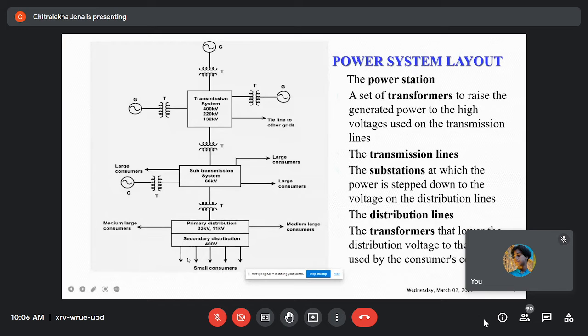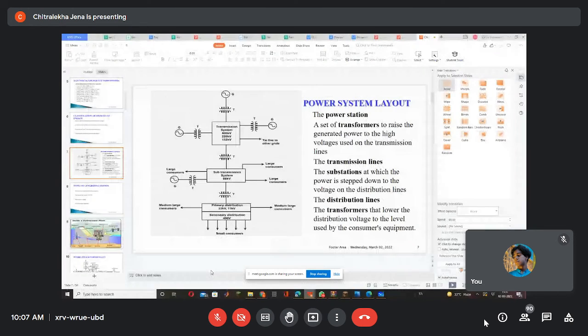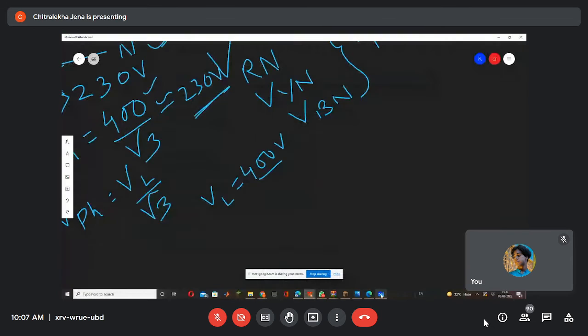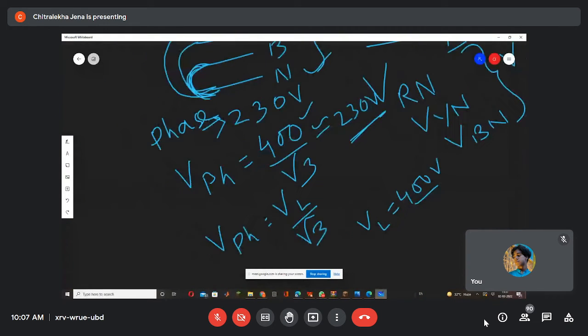Here you see, we are connected to the 400 volt secondary distribution, but this 400 volt which I have told you is the line voltage. Our house is connected between one line and neutral.